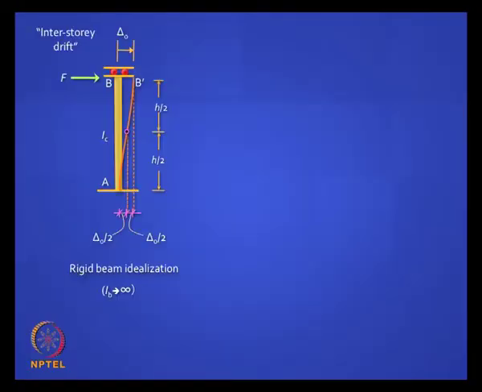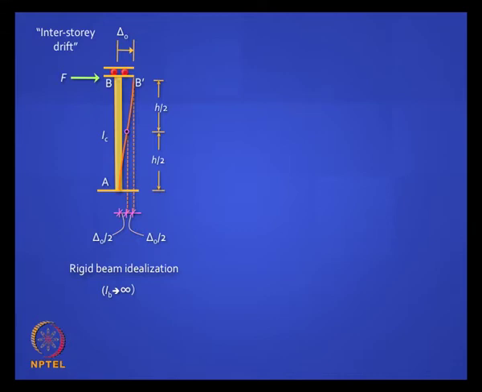Okay, so we make this assumption, and let me come back to the point which seemed to trouble some of you in the last class. I want you to be totally convinced that the point of contraflexure will be exactly at mid height if we make the assumption of rigid beam, and I will go through it once more.